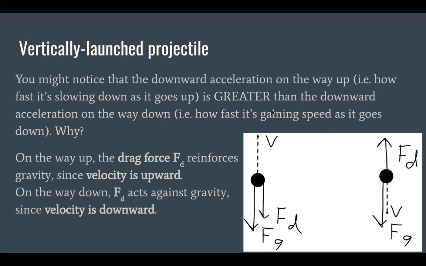Therefore, that overall net force and net acceleration is actually lower in magnitude when it's falling back down compared to when it's going up. F of D stands for drag. All right, does that make sense?